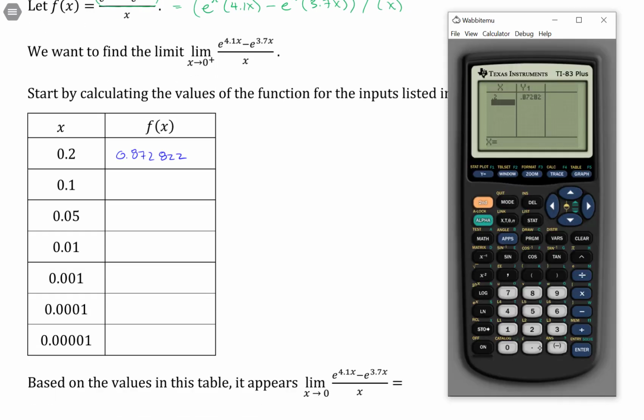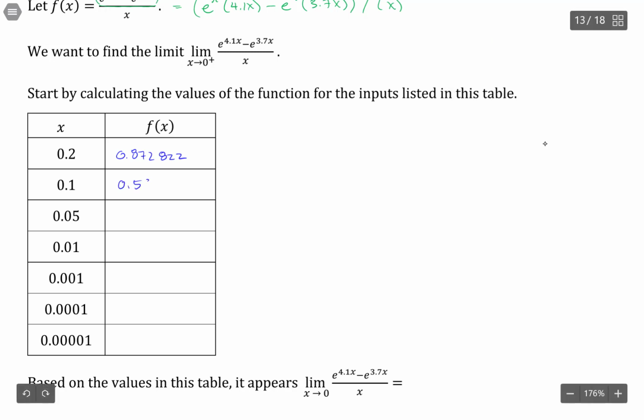All right, and then when we plug in 0.1, it is 0.590832.